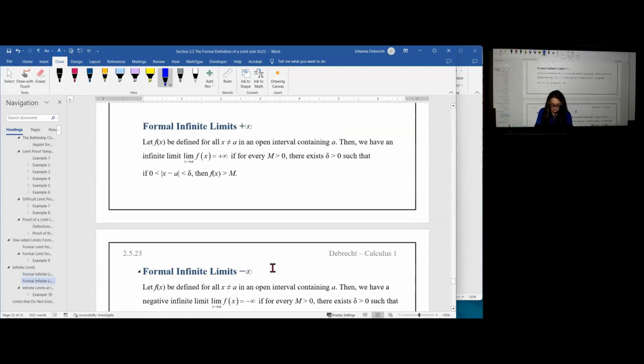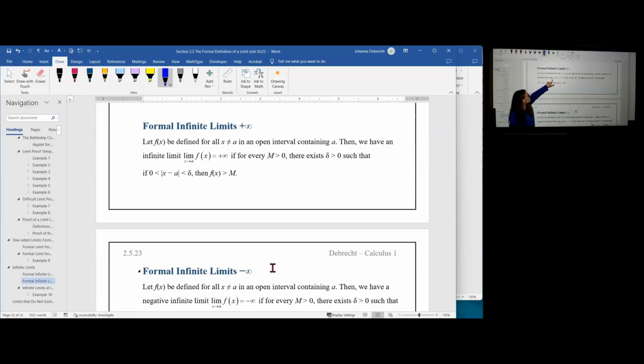Here's the formal statement of the infinite limit going to positive infinity. Let f of x be defined for all x not equal to A in the open interval around A. Same as before. Then we have an infinite limit.